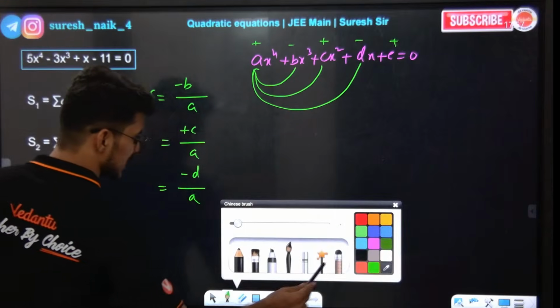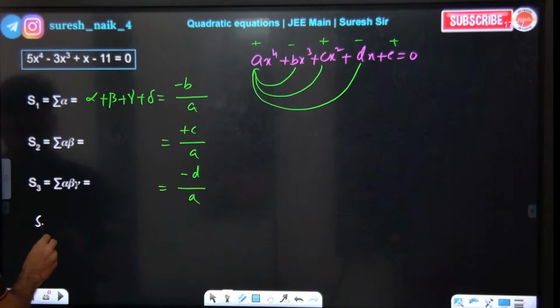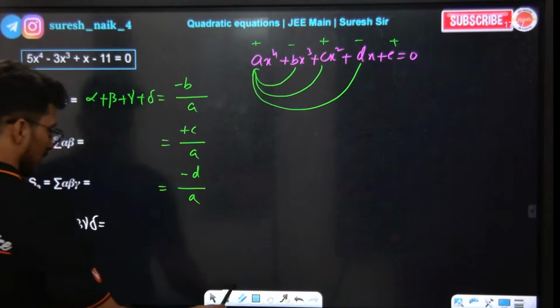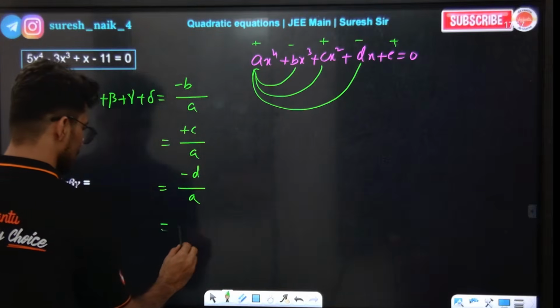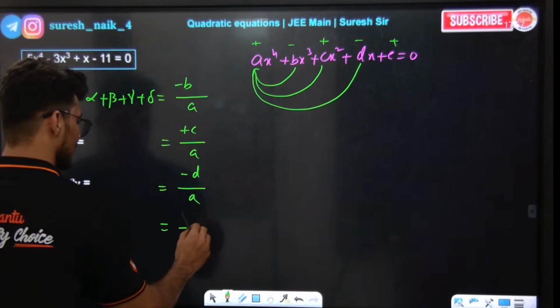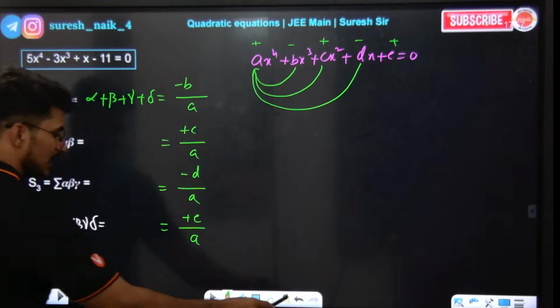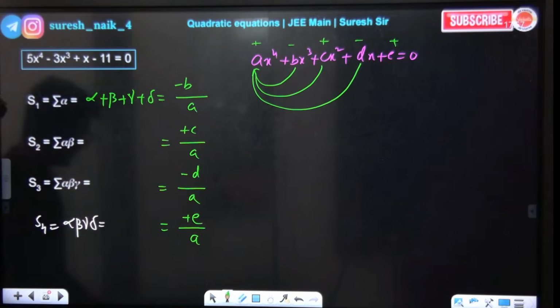Next, S4, the product of the roots alpha beta gamma delta, is the last one, plus e by a. Are you clear?